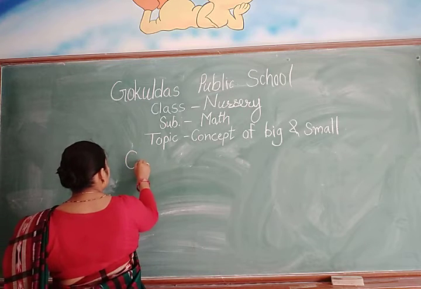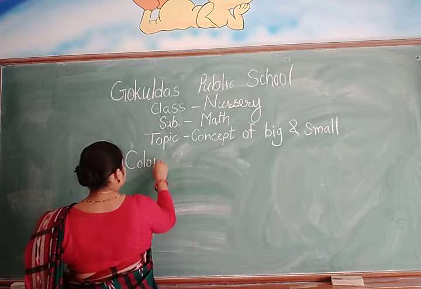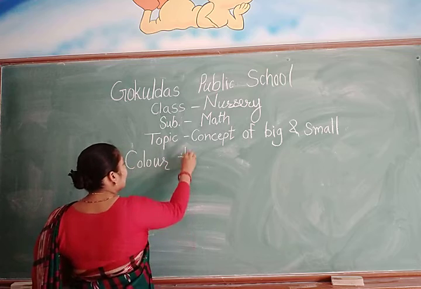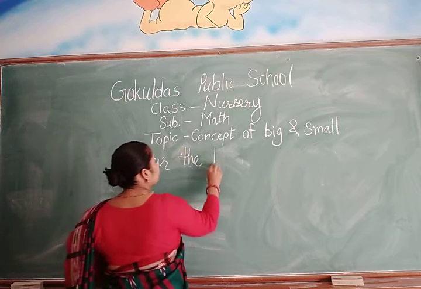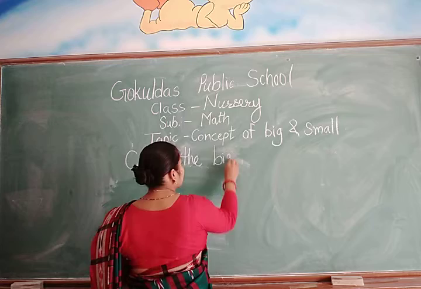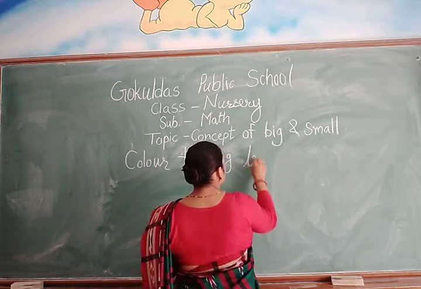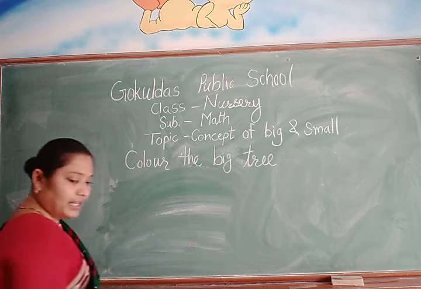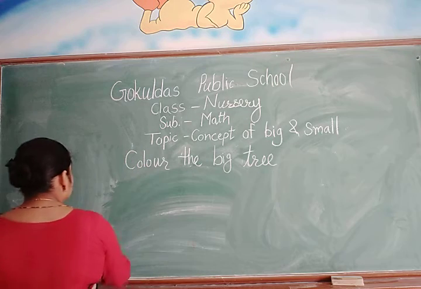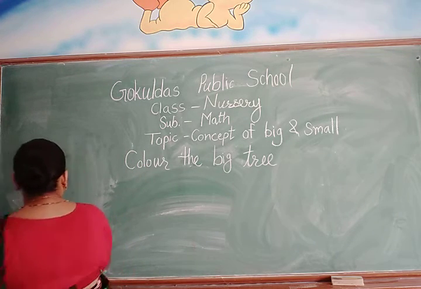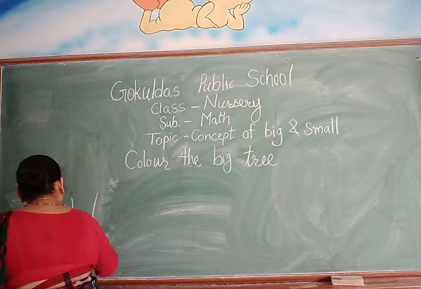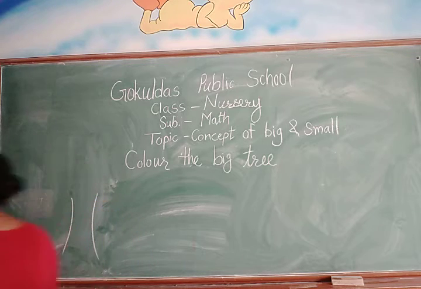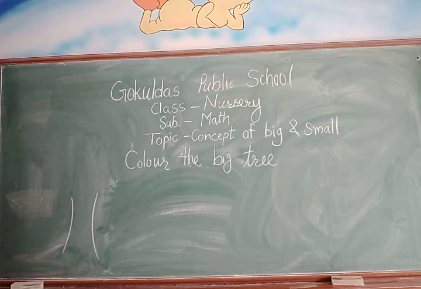Our question is, color the big tree. Okay. Here, two trees are here. Now you also make two trees in your maths notebook.